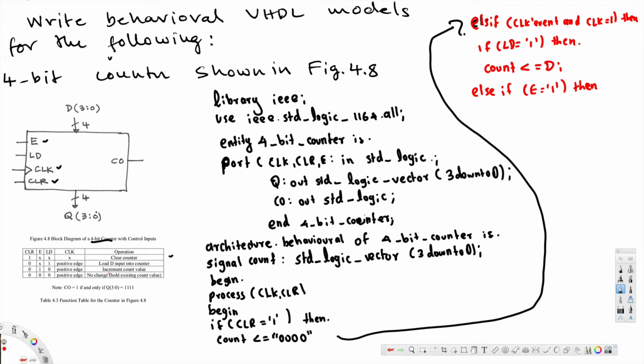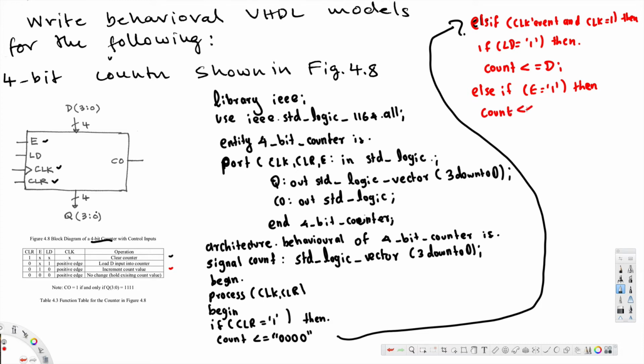E is equal to 1, then increment count value. So increment count value means count will be incremented by 1, or in 4-bit, it's 0001.